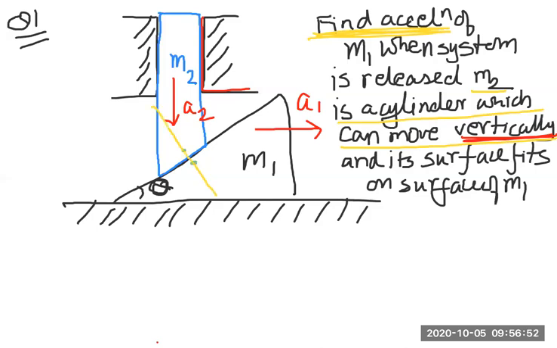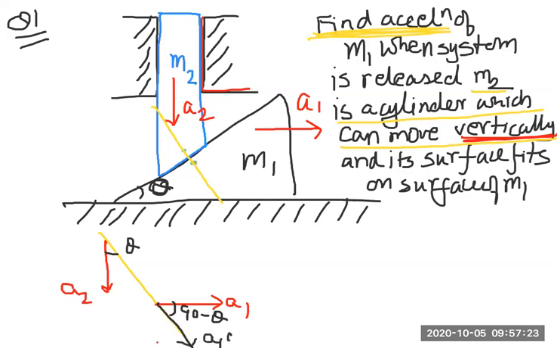Join the two dots with a straight line, make a replica of the straight line, draw the acceleration of the two objects on the straight line. This is A1, this is A2. This is the normal reaction line, therefore its angle with the vertical will be theta, and its angle with the horizontal will be 90 minus theta. Find out the components of this acceleration along this yellow line, along this line that you have drawn.